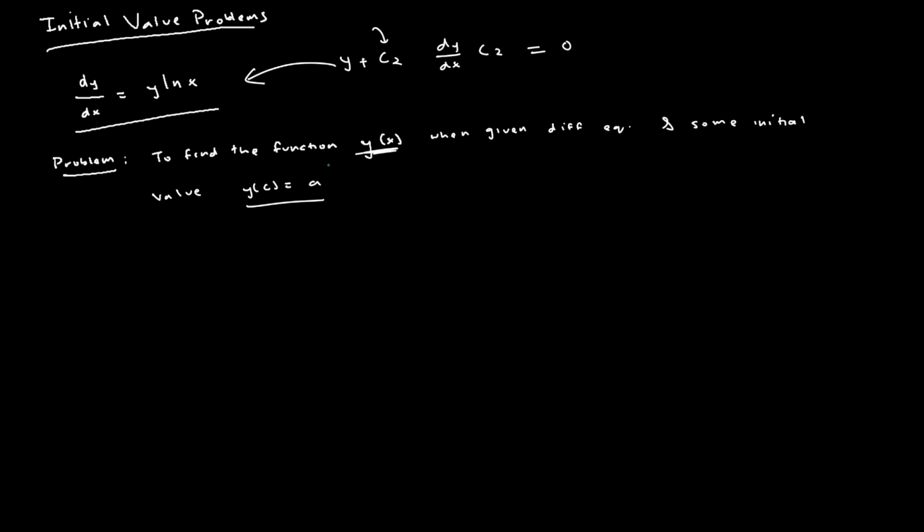So again, in an initial value problem, you're given a differential equation that determines how y changes with respect to x, and an initial value, and the goal is to find the original function y that led to these two things. And so let's just do an example.